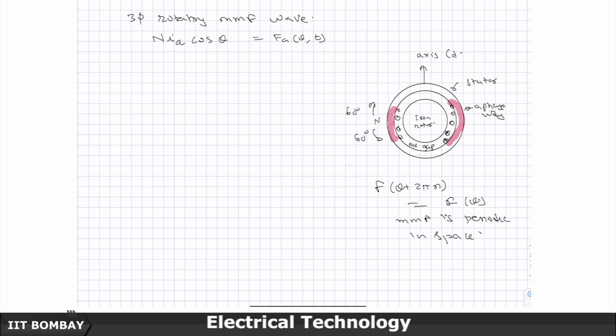So, therefore, as a first approximation, the MMF waveform NIA, which if all the turns were concentrated here, would have looked like a stepped waveform like this. It also has a fundamental, no doubt, but harmonic contents are much more. Fundamental plus harmonics is what determines it.